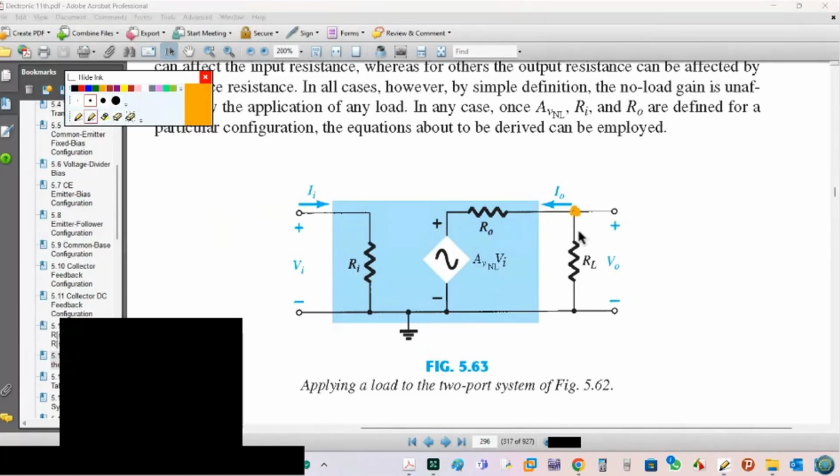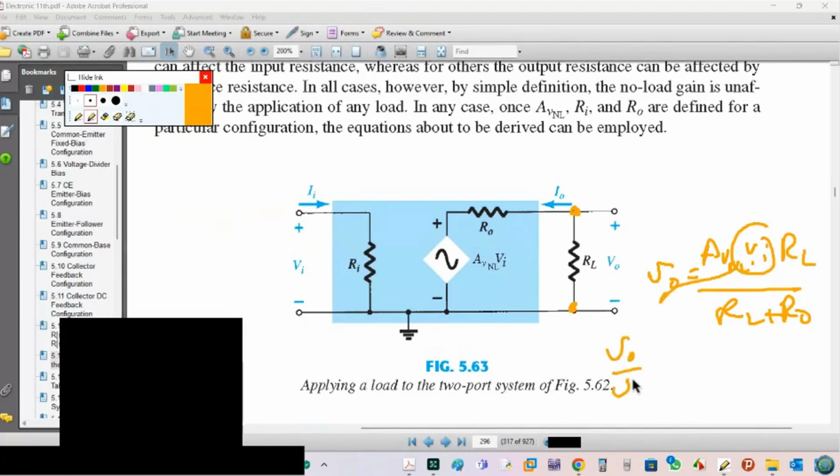So VO here is AV no load VI multiply RL over RL plus RO. Take VI under, so VO over VI is AV no load RL over RL plus RO.